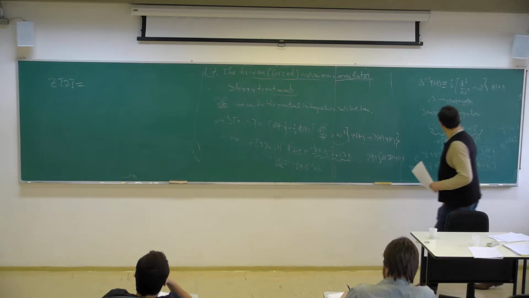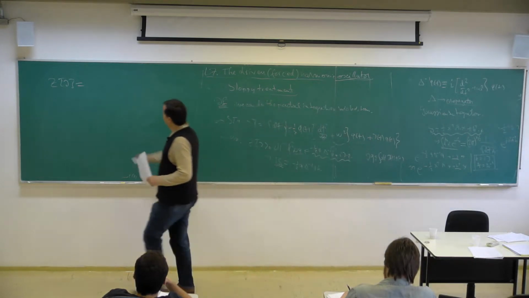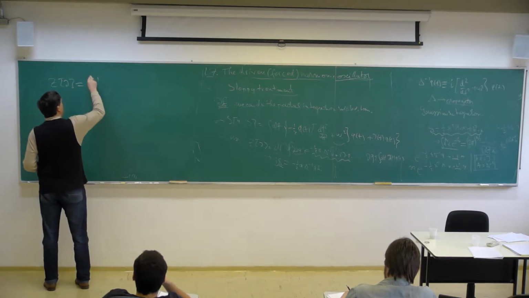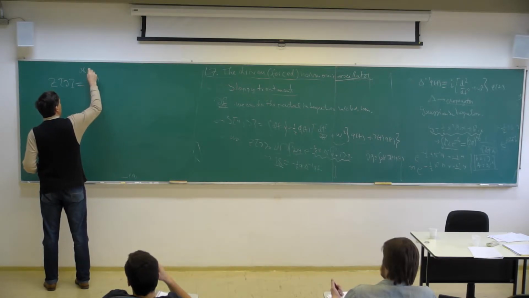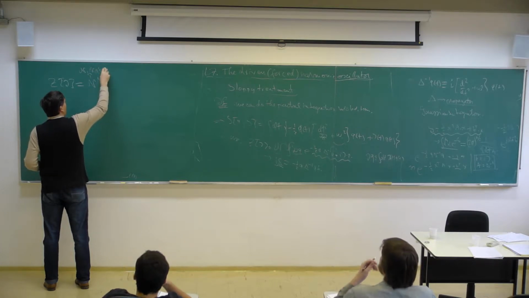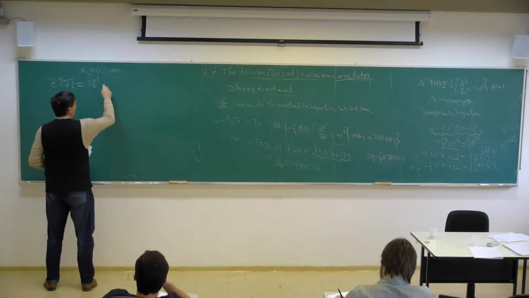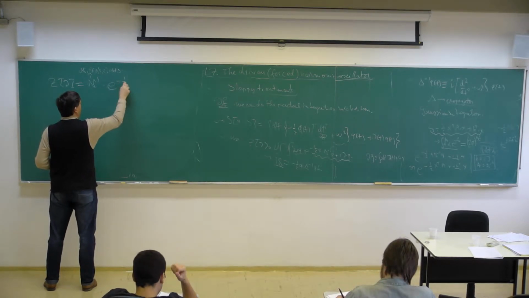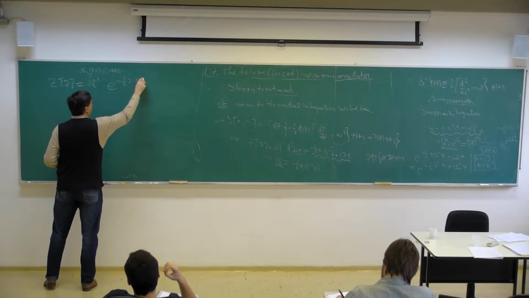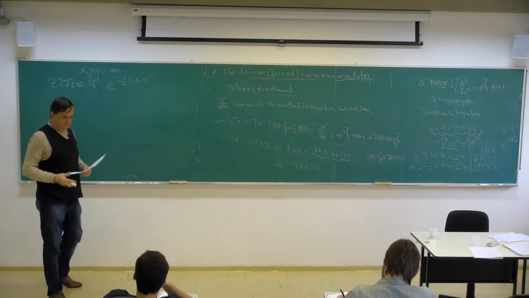So all in all, we get another constant, which has n, 2's, i's, and the determinant of delta, and then e to the minus a half j delta j.